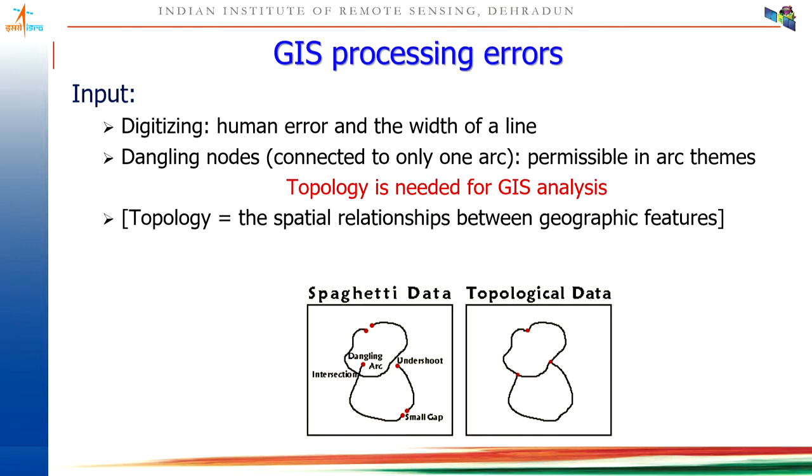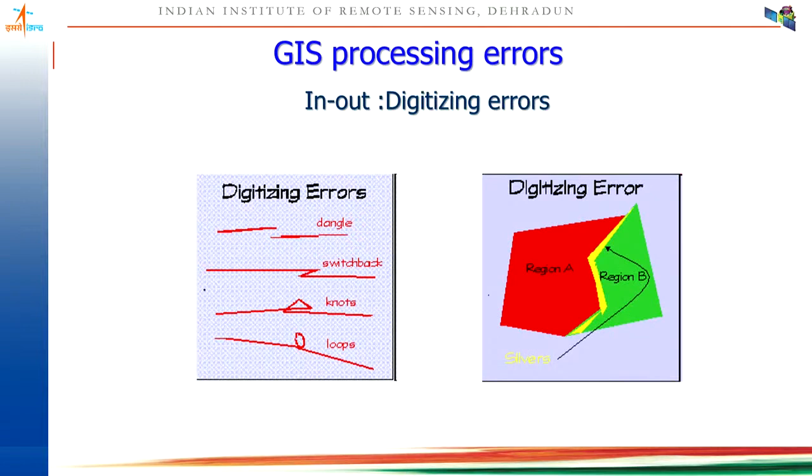So here I think my colleague already discussed the topology. So topological relationships are another very important point that you have to keep in mind. Topology is the spatial relations between the geographical features, which we have to take care of in the database. These are some examples of the GIS inputting, like when you are digitizing.